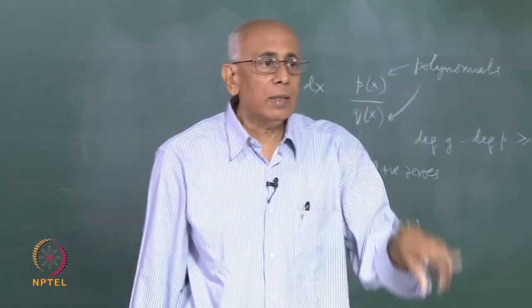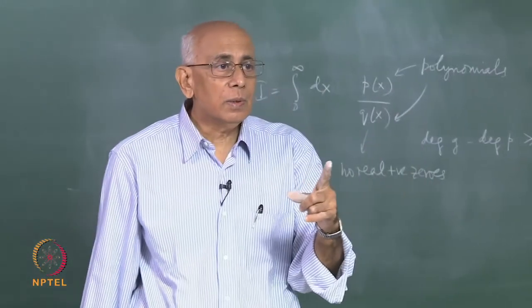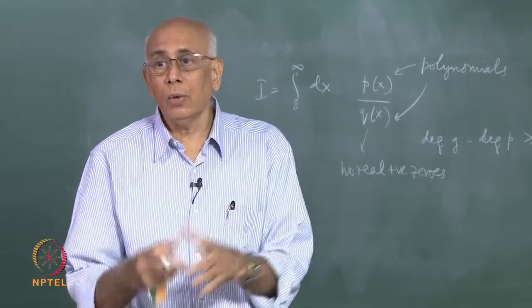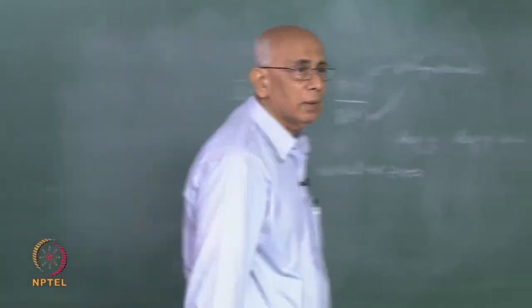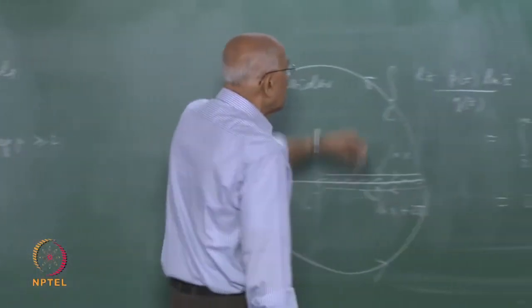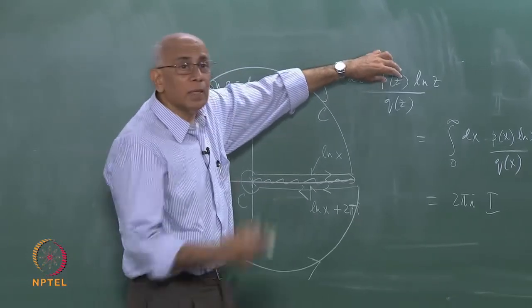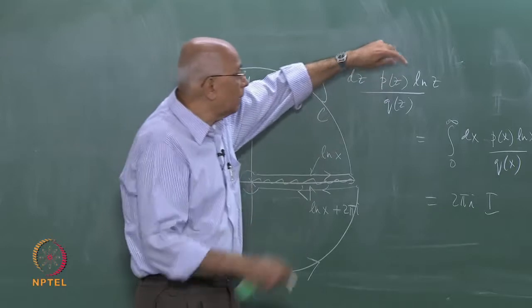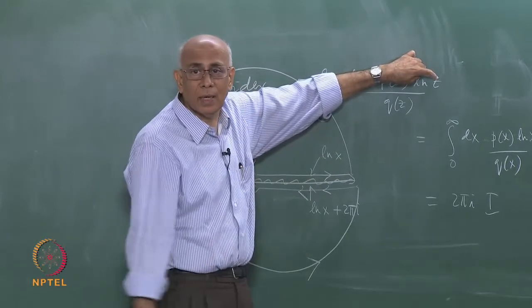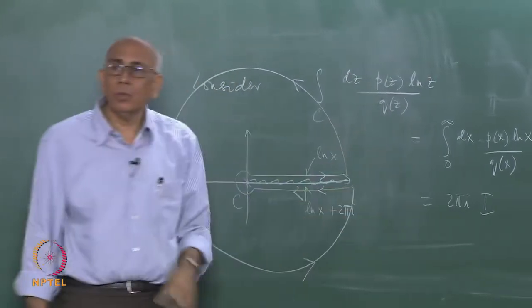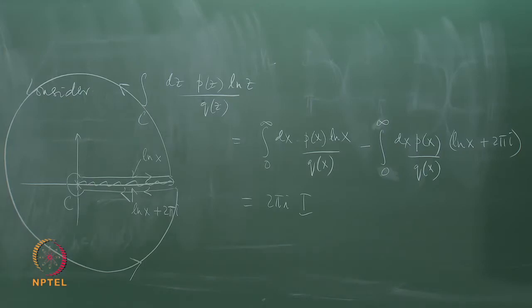I must ensure that this large circle that I drew, the contribution from that is 0 in the limit as R tends to infinity. But that it is, because you got a capital R from here, you got R to the degree of P, and then the log is irrelevant, and you got this R to a degree which is at least 2 more than that.